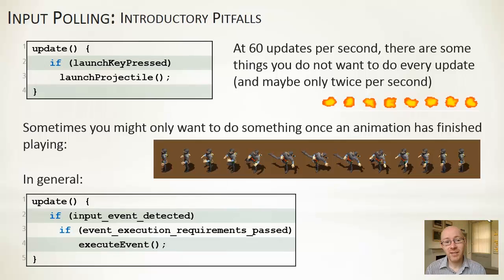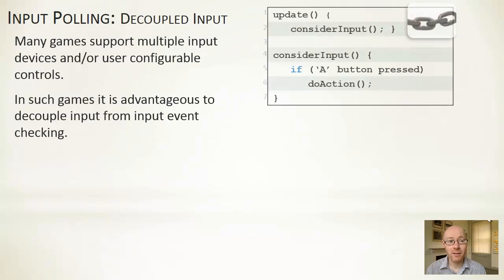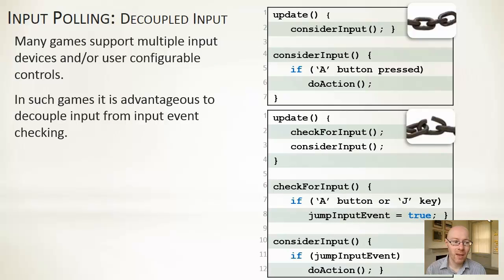Another bit of advice is in terms of decoupling the input. This opens up opportunities by way of having different types of input that can trigger the same event, or having a game where you enable the user to configure whatever controls they want to use. I have to admit, for touch-based environments, there's maybe less configuration.